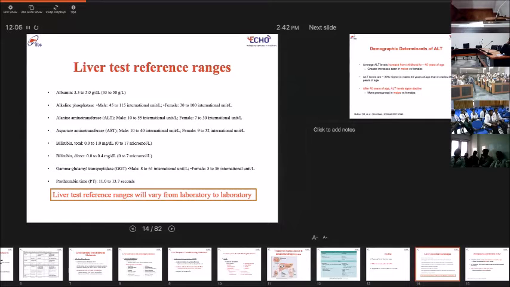Aspartate aminotransferase is 10 to 40 in males and 9 to 32 in females. Total bilirubin is 0 to 1 and direct bilirubin is 0 to 0.4. GGT is usually 8 to 61 in males and 5 to 36 in females. Prothrombin time is normally 11 to 13.7 seconds, and the reference range may vary from lab to lab.